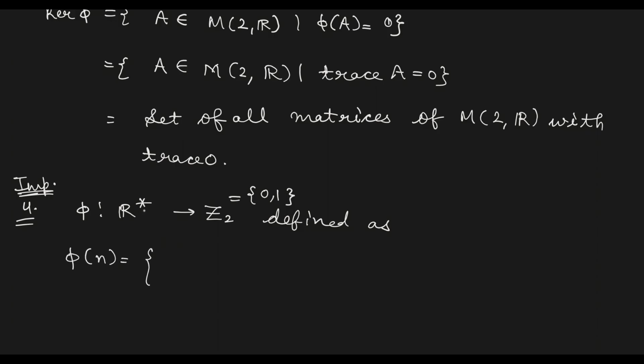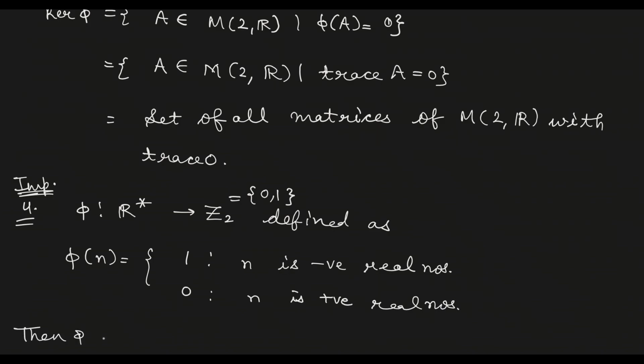Only non-zero real numbers are there. So I am mapping negative real numbers to 1 and positive real numbers to 0. Then phi is a homomorphism.